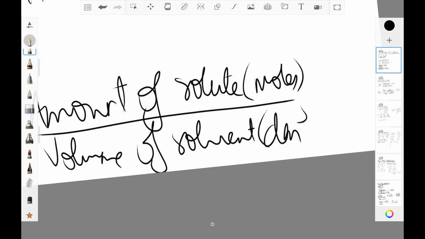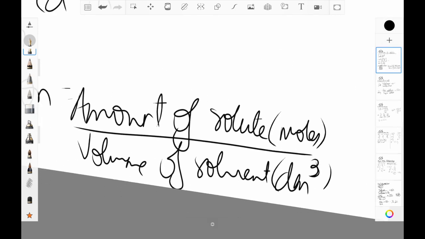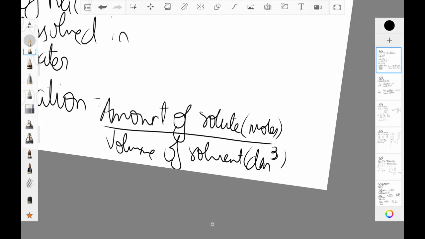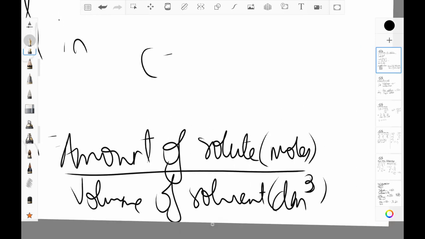Now, as I was saying, I don't have to use 1 liter of water just to make a solution in a lab. I can use, let's say, 5 centimeter cubes, but I can still express the concentration in dm cube by simply converting 5 centimeter cubes to dm cube before plugging it into this formula. You can simplify it as C equals n over V, so concentration equals number of moles over volume.